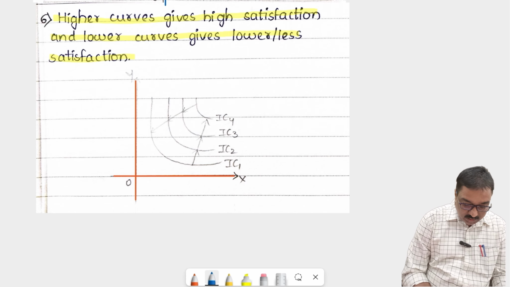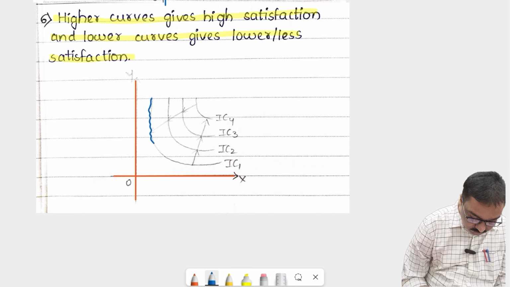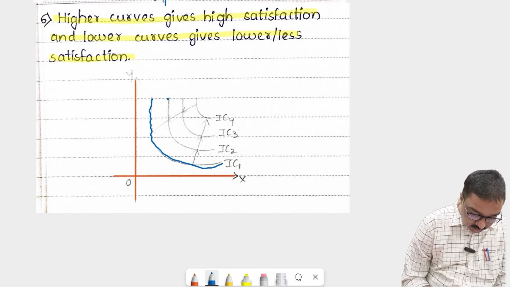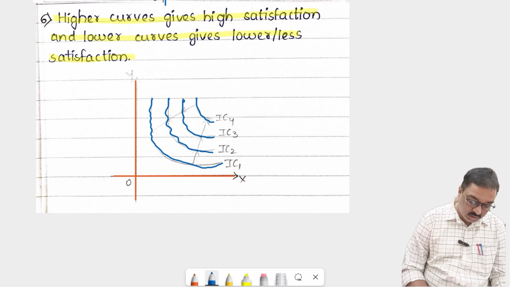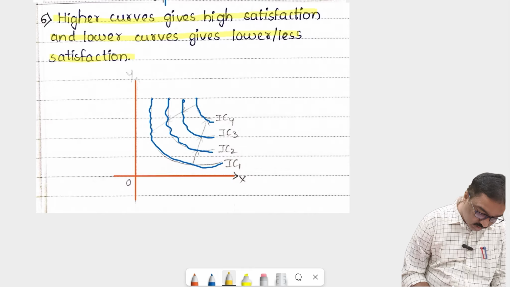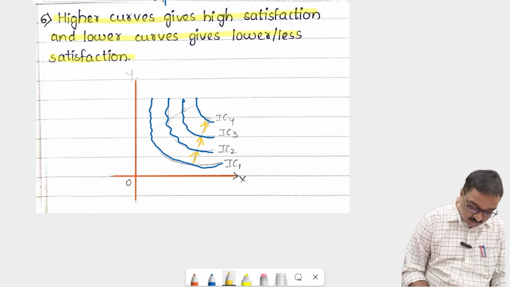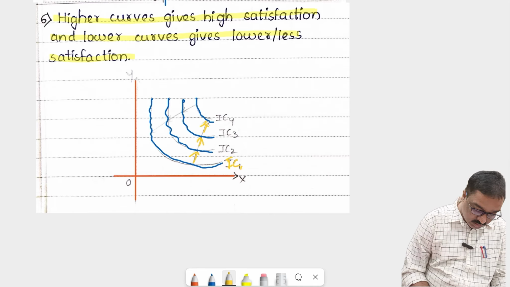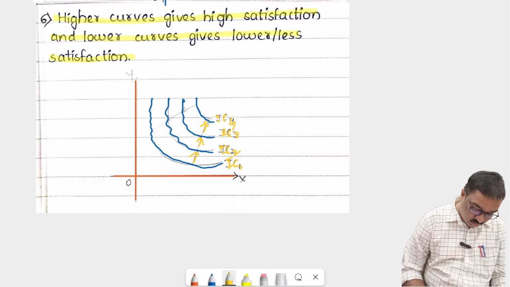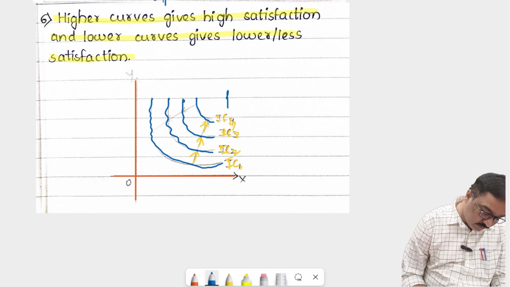Here we have IC1, IC2, IC3, IC4. When the indifference curves move upwards, IC1, IC2, IC3, IC4, they give more satisfaction.